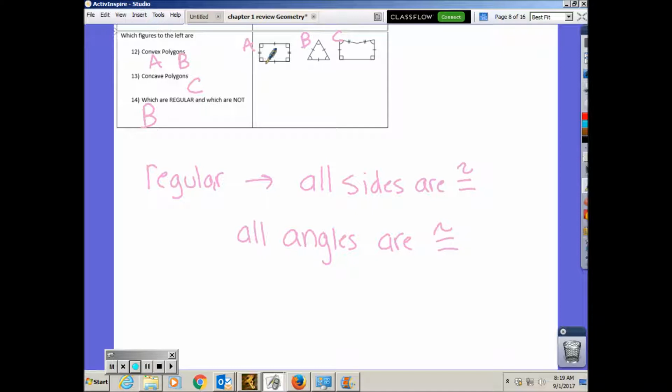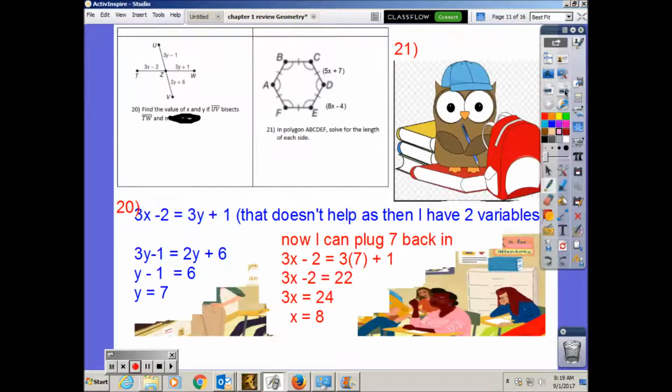Some people will think A is regular, and while all the angles are congruent, not all 4 sides are congruent. Yes, the longer sides are congruent to each other, but they're not congruent to the shorter sides. So only B is regular, only that triangle. Now let's go back to 21.